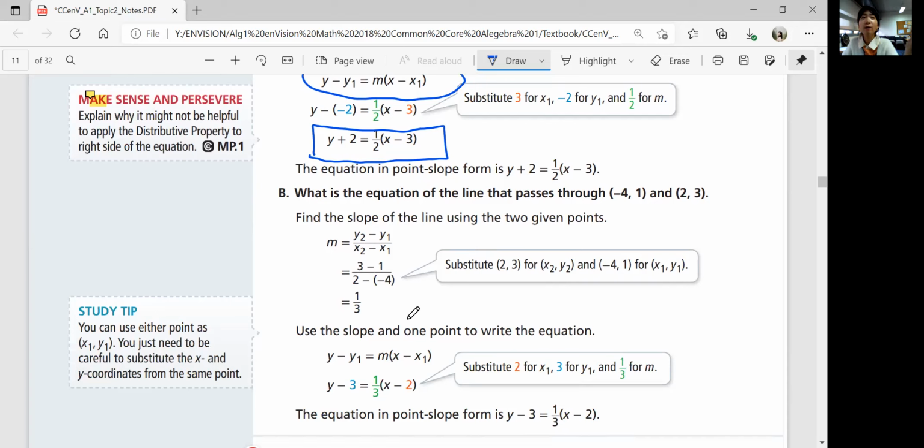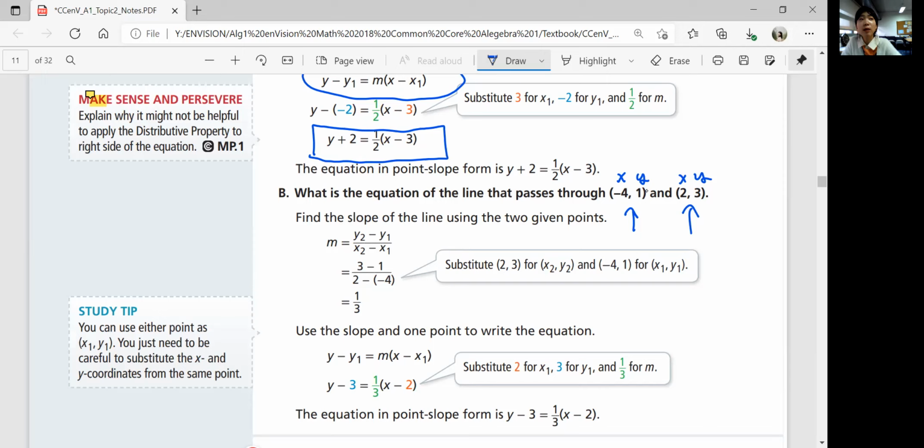Okay, now that we have a slope, just pick any point from these two given points. It does not matter which point you pick, but make sure you plug in the correct x and y corresponding to the point. So the textbook chose (2, 3).